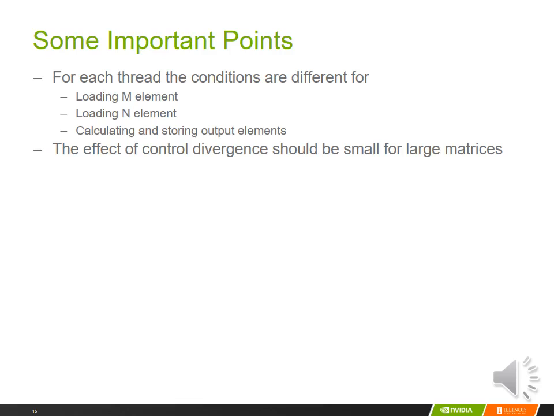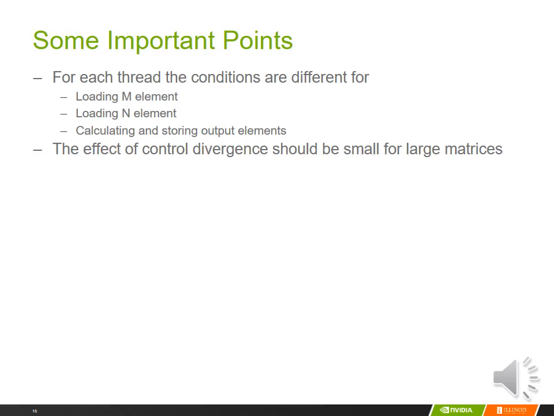The second observation is that with all these conditions being tested in the kernel, we do expect to have control divergence. However, we also expect that the effect of control divergence will be small for large matrices. This is because the conditions will fail only when the threads attempt to load input elements or compute output elements outside the valid range, and these should be the minority cases.